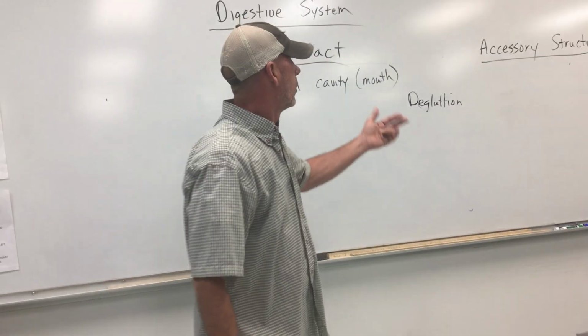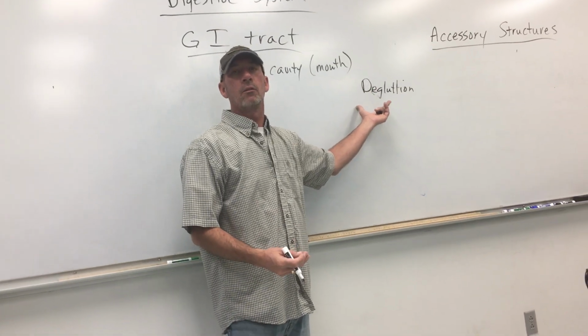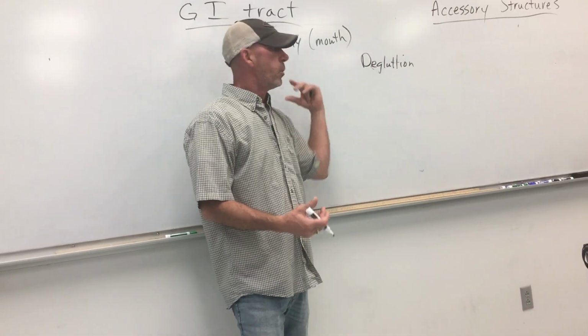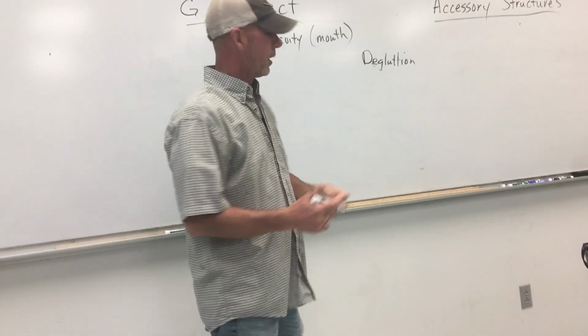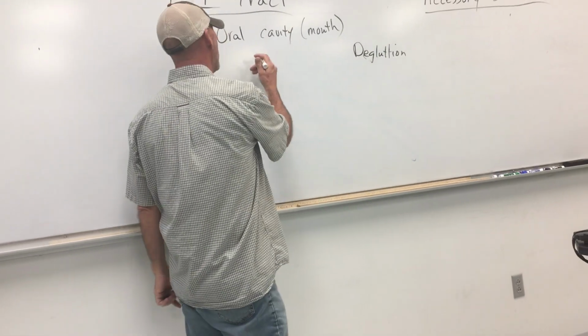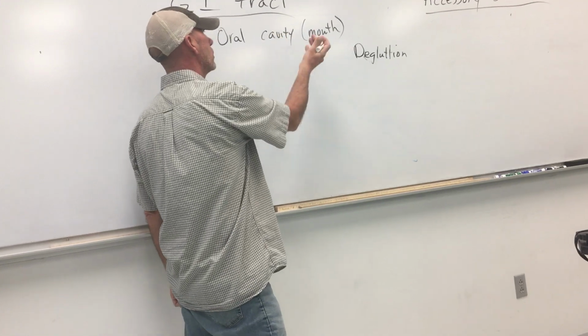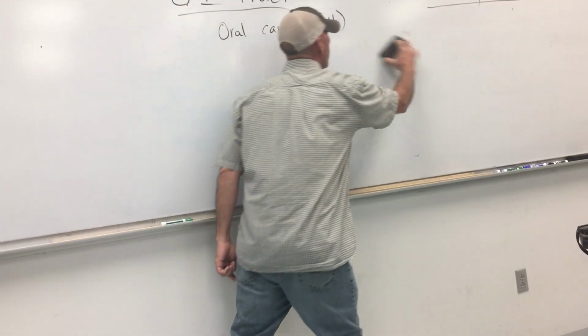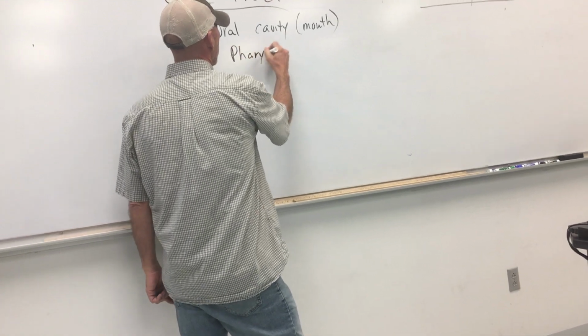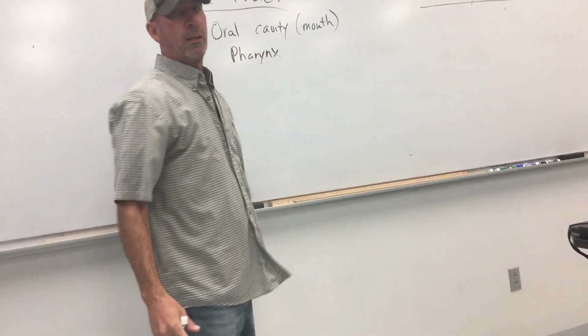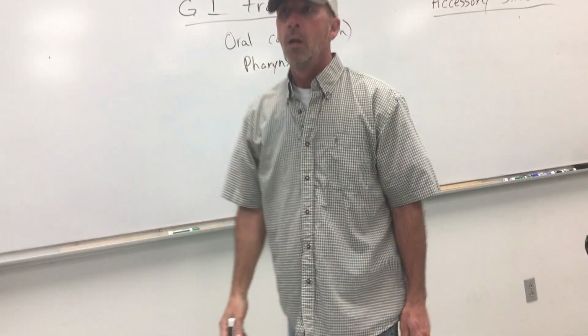So this is even a complex process of how the bolus is formed, pushed against the soft palate, back of the oropharynx. Now, the next major structure as we begin swallowing, or deglutition, is the pharynx. And the pharynx is basically the fancy name for the throat.